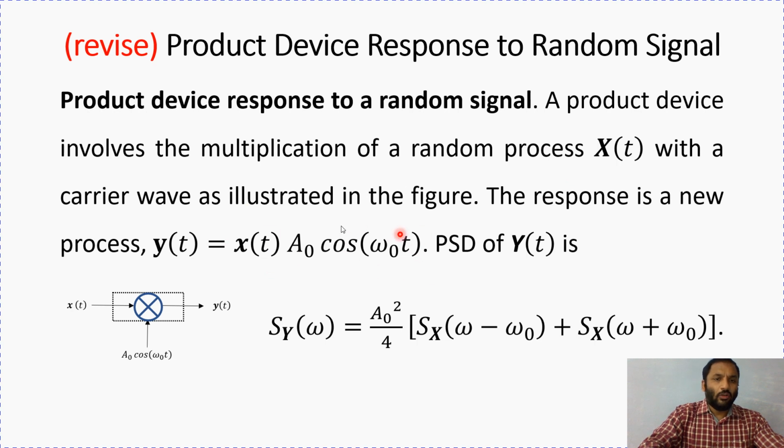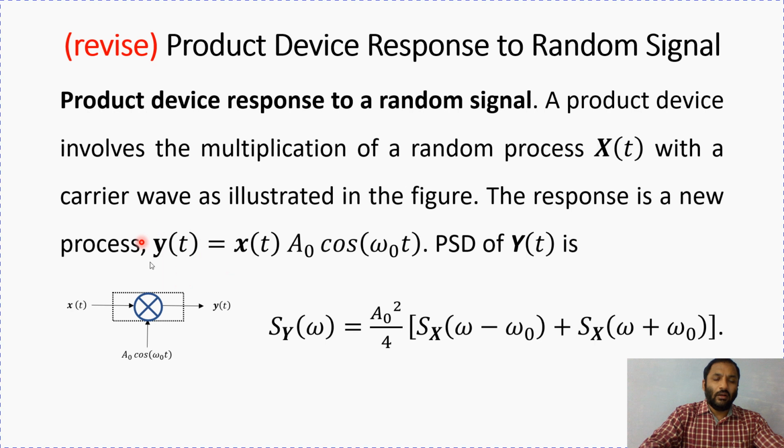Now the outcome of this product is another random process y of t, and this random process should have a mean, because it is a random process. It will have a mean of each random variable in the process, and also a mean square value, autocorrelation function, the PSD function.